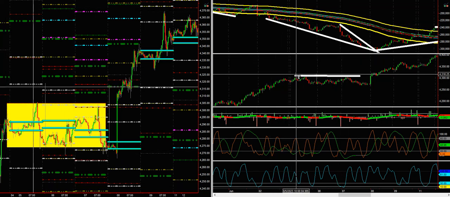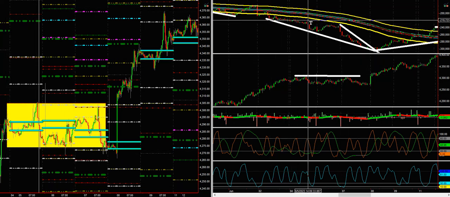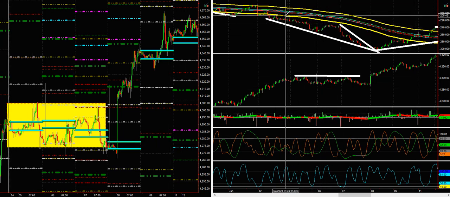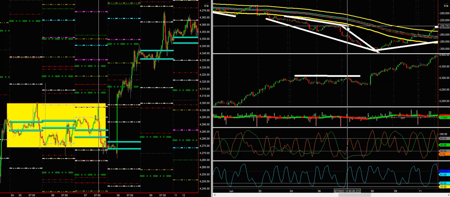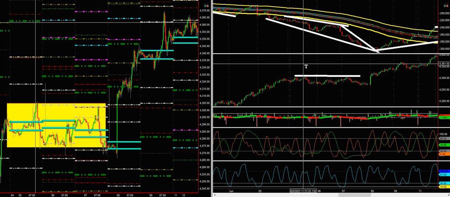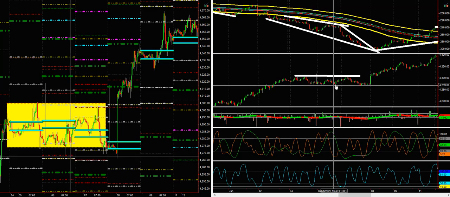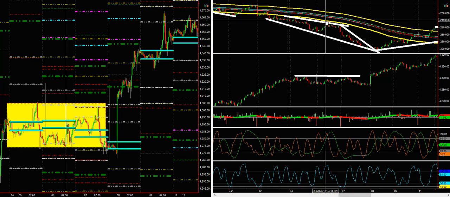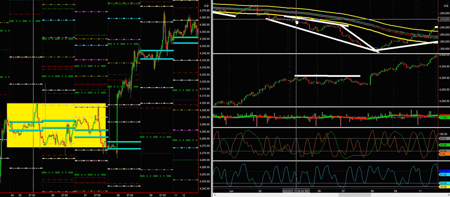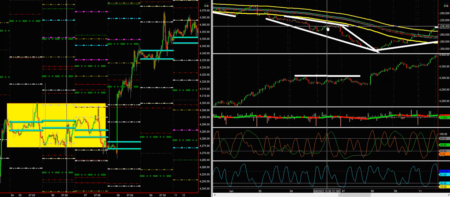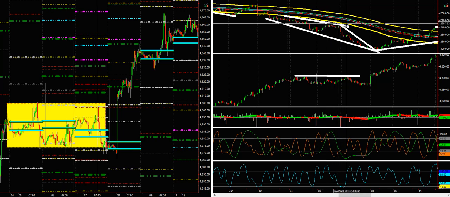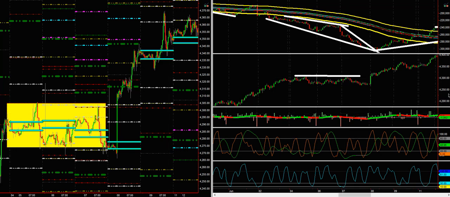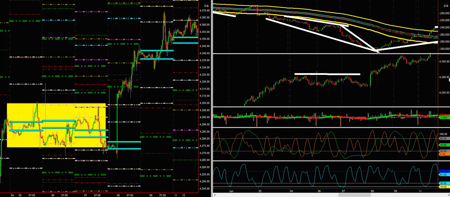But look at the pivot here versus here versus here. It tells us that when this pivot was retested, the buyers did not have the right strength at this point. So I can trust it to hold this top.